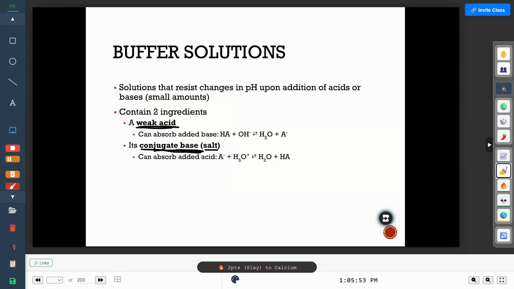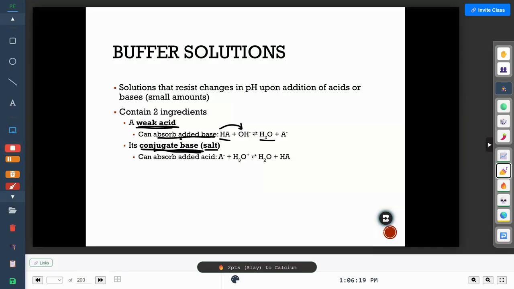So if we think about it, the weak acid component of a buffer is able to absorb added base. So here's our weak acid, HA, okay? Now, if I put some base in there, what's happening is that base is going to take the H and make water. Well, water does not have a very low pH, right?